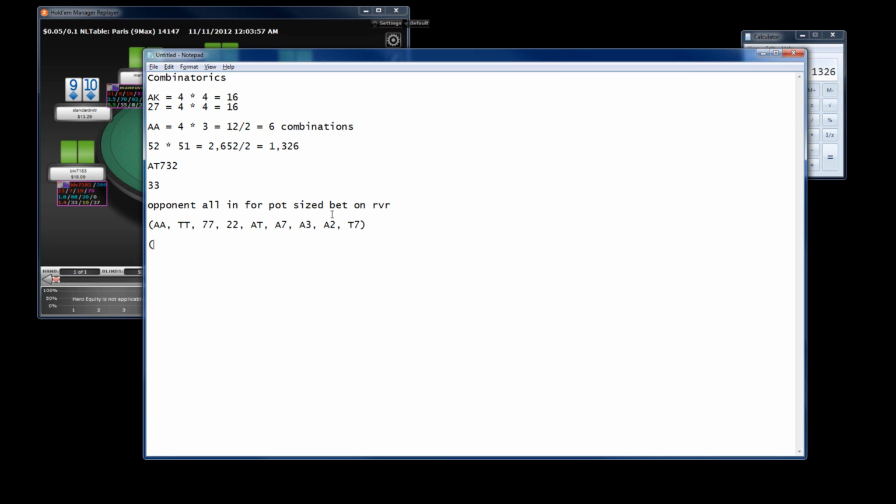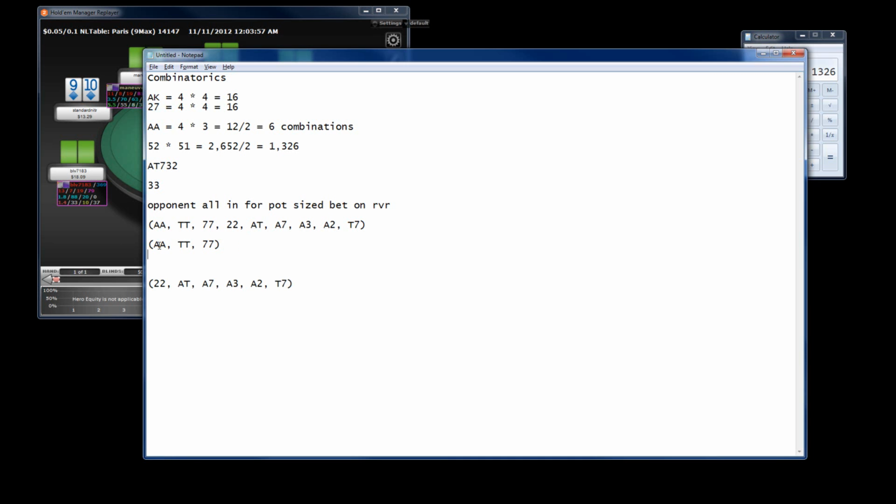The first one will be hands that you're behind, and that's aces, 10s, and 7s. And then the hands that you're ahead of are deuces, ace 10, ace 7, ace 3, ace deuce, and the 10, 7. Alright, so now what we want to do is find the different combinations.